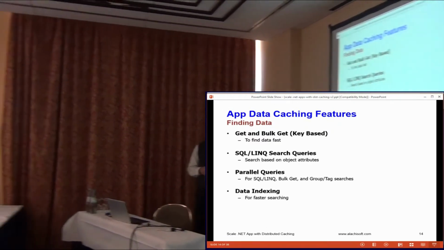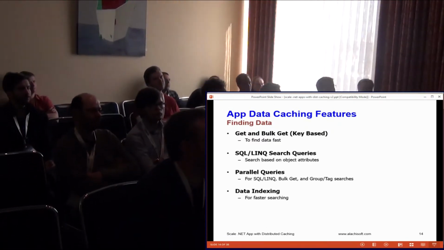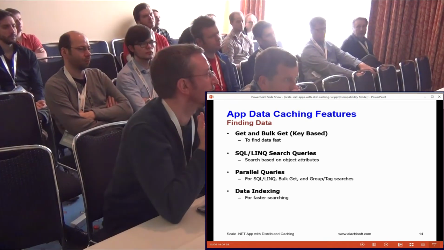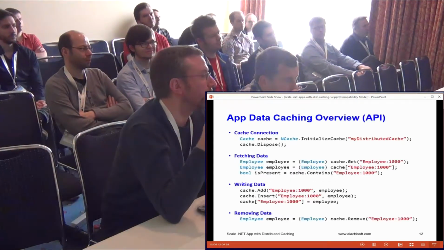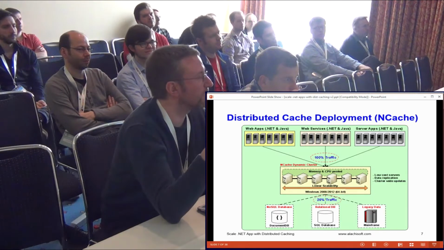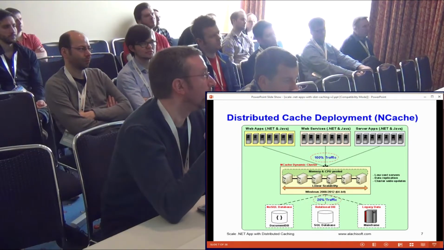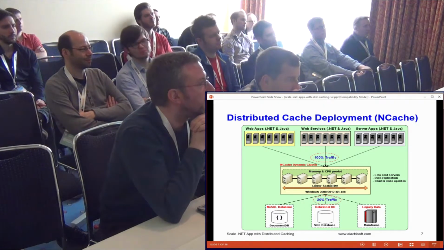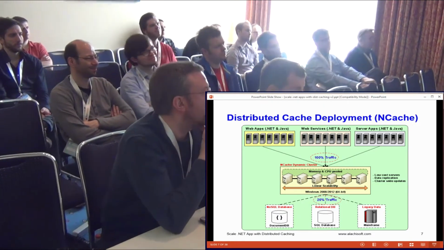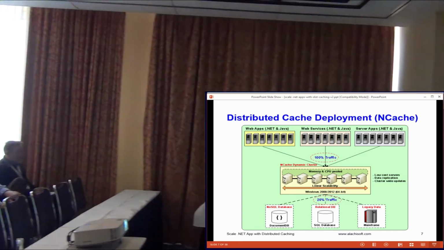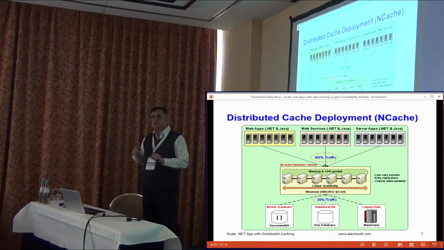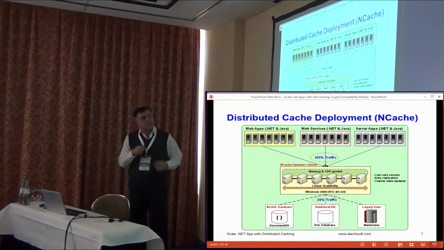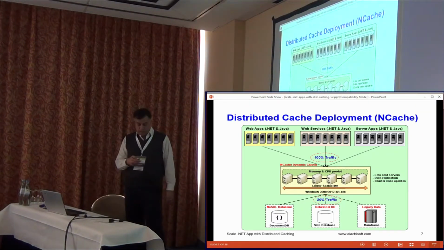When three servers choke, you add a fourth one, and you have 25% more capacity, because again, your load increases. Those are the two reasons why you'd want to search the cache. But you don't want to search the cache unless you have the entire data set in the cache, whatever that data set is. As part of your application logic, you have to determine for which data you want to search.